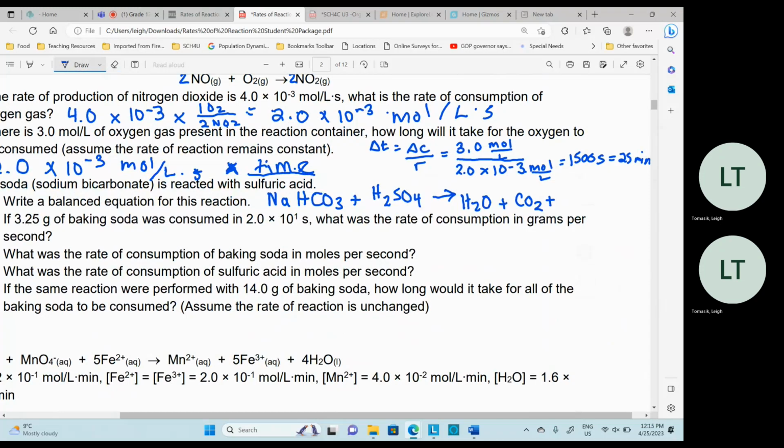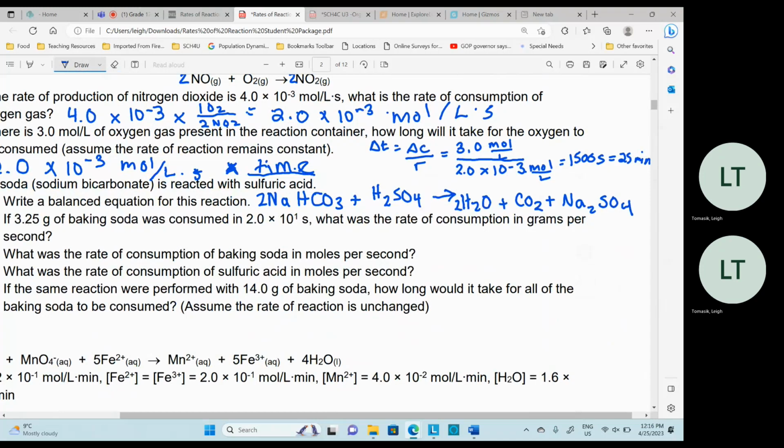We have Na, and sulfate, so sodium sulfate. To balance, I think the only thing that we need to do is double the water, and then double the sodium bicarbonate.